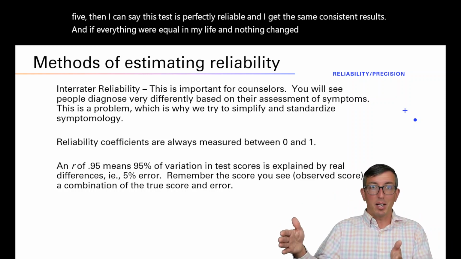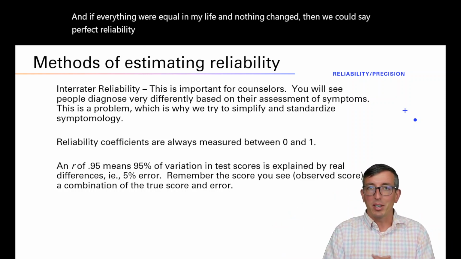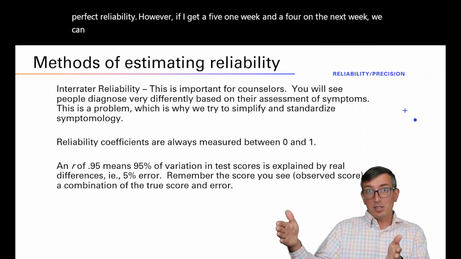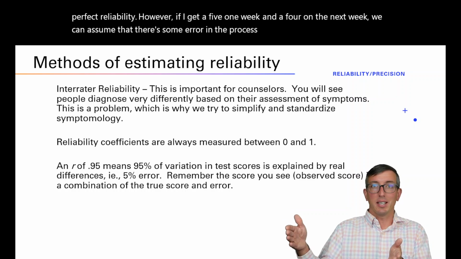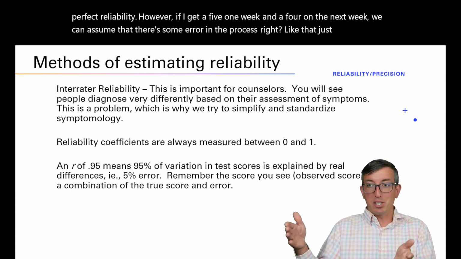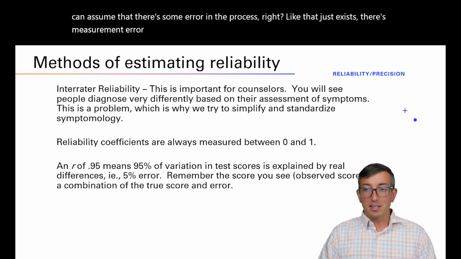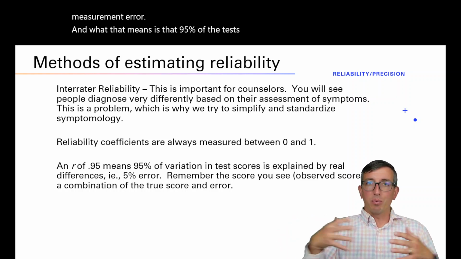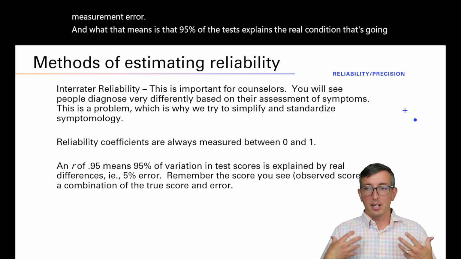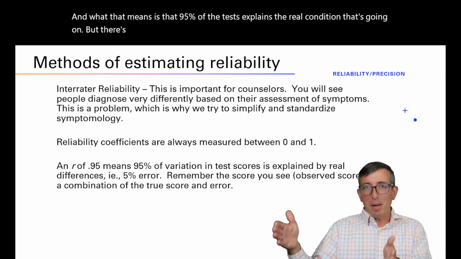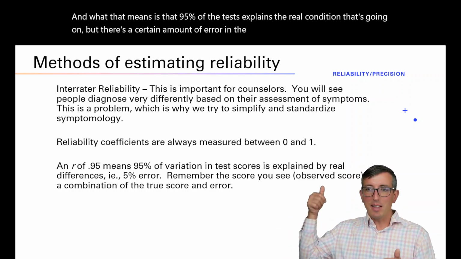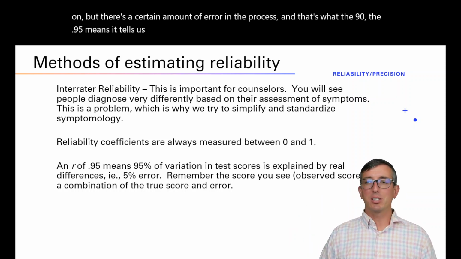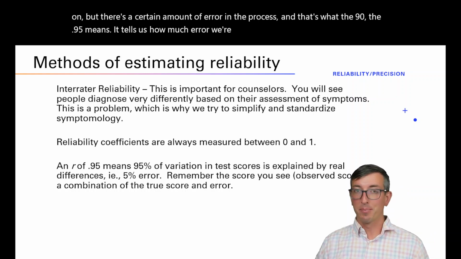However, if I get a 5 one week and a 4 the next week, we can assume that there's some error in the process, right? That just exists there as measurement error. And what that means is that 95% of the test explains the real condition that's going on, but there's a certain amount of error in the process, and that's what the 0.95 means. It tells us how much error we're experiencing, okay?